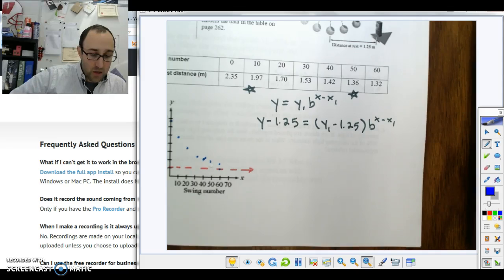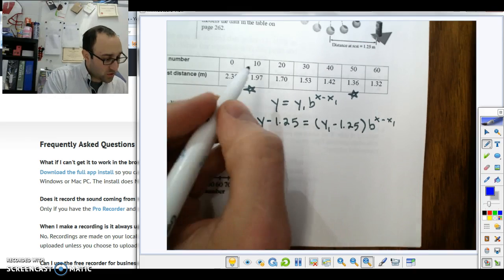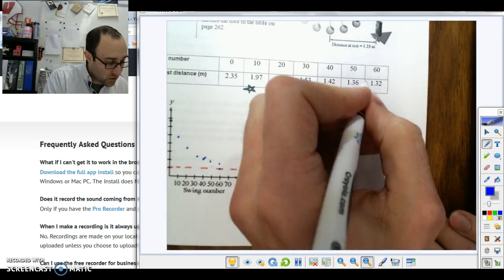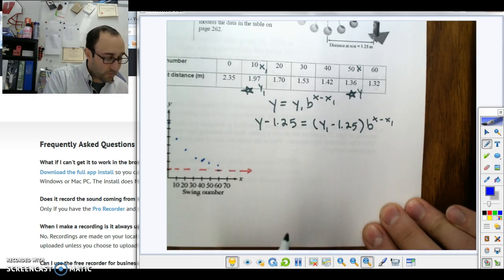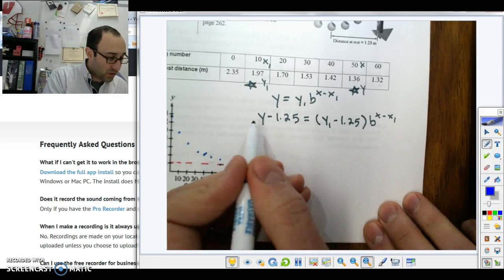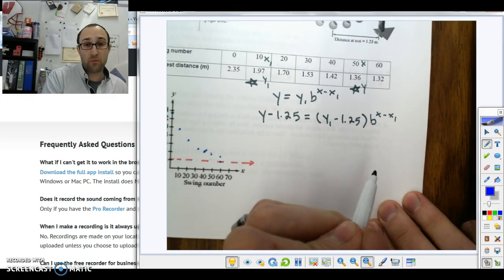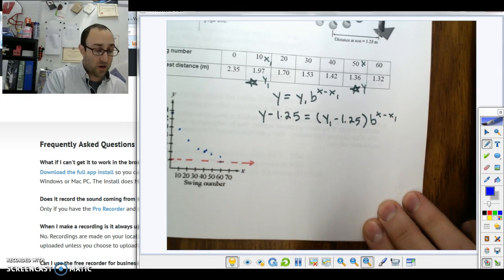Alright, so I'm going to substitute one of those points in for y and x, and one of them in for y1, x1. Let's just say for y, let's use this one. So this is going to be y, this will be x, this will be y1, this will be x1. What I'm trying to do is replace everything except b to find b, because once I know b, then I've got my equation.